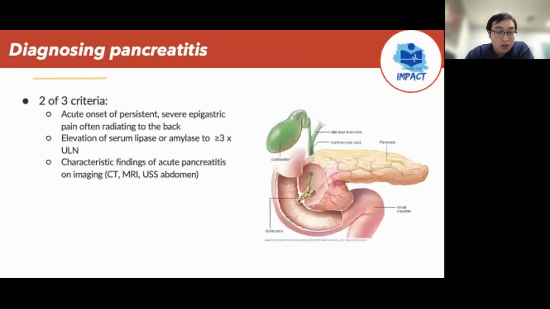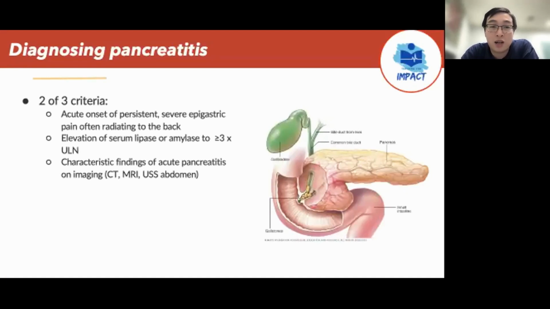Cool. So diagnosing pancreatitis, just a quick word. Obviously you would suspect a diagnosis of acute pancreatitis in any patient with acute onset, persistent, severe epigastric pain with tenderness on palpation. And to diagnose pancreatitis, you need the presence of 2 of 3 criteria. The 3 criteria are clinical, laboratory, and radiological.